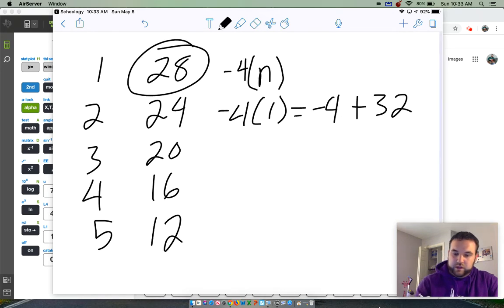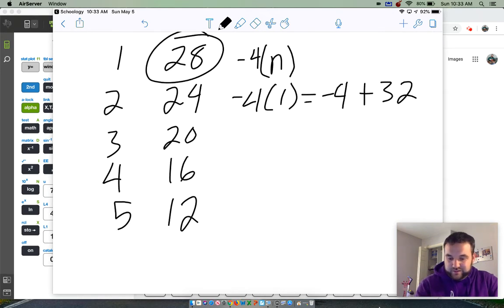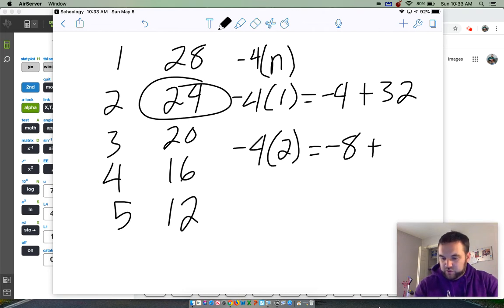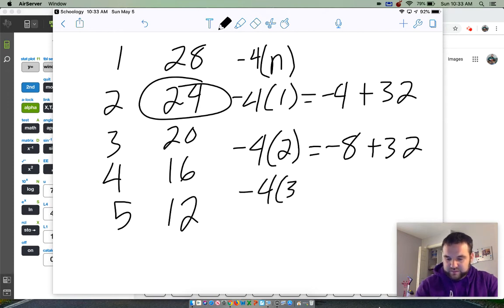Okay. If I take the number 2, so if I look at the second term, negative 4 times 2 is negative 8. But I want 24 as my second term. So sure enough, if I take negative 8 and add 32, I get positive 24. And we can see that this pattern continues.